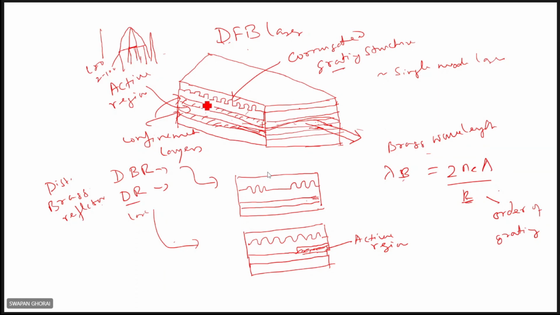Earlier, in the Fabry-Perot laser, only the end surfaces give reflections, but here reflections occur throughout the material. So there will be standing wave patterns, resonance will be there, and coherence will be very high. That is the concept of DFB lasers.